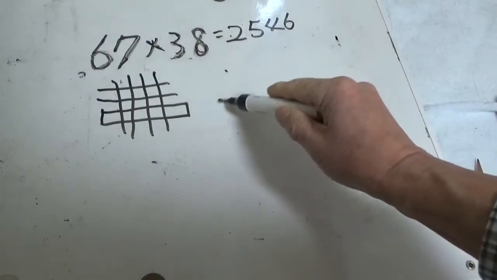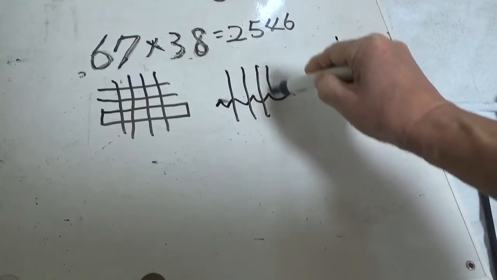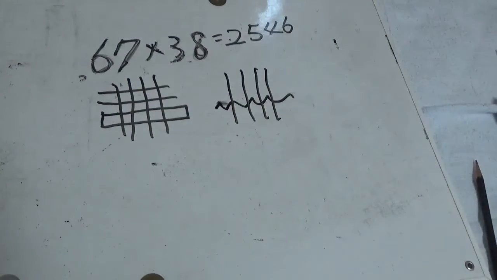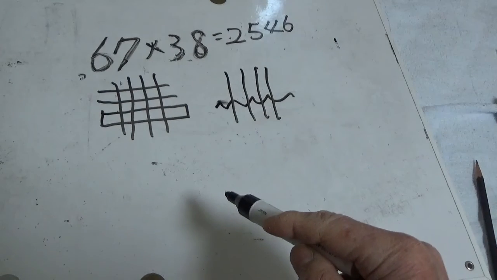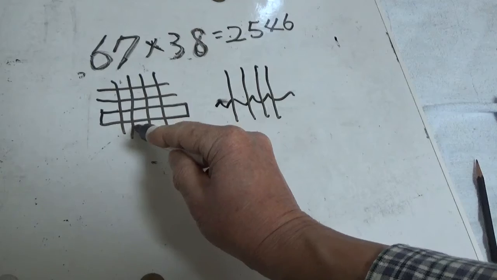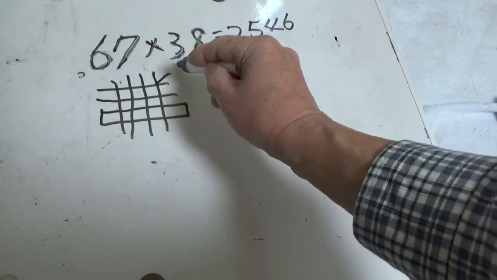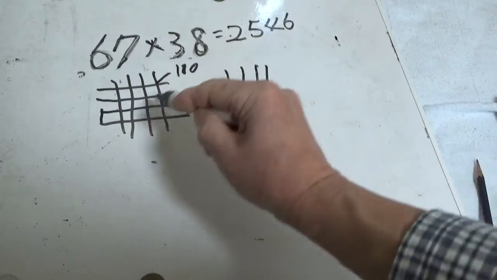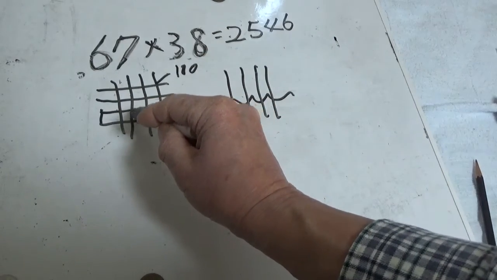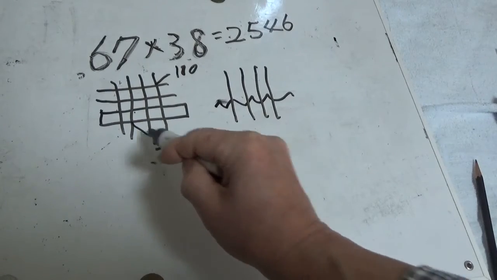Sorry, this should be written like this. So this is 10 lines crossing with 10 lines, so 100 points. 500 points.